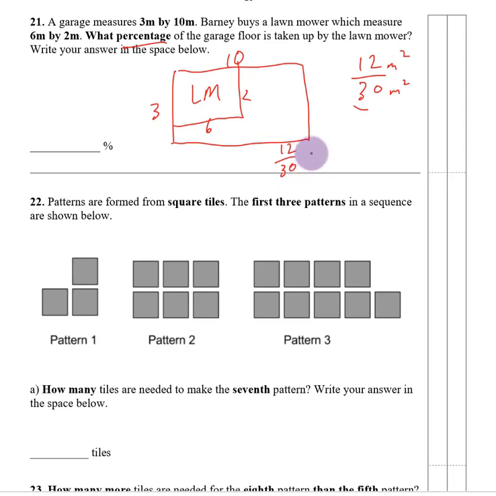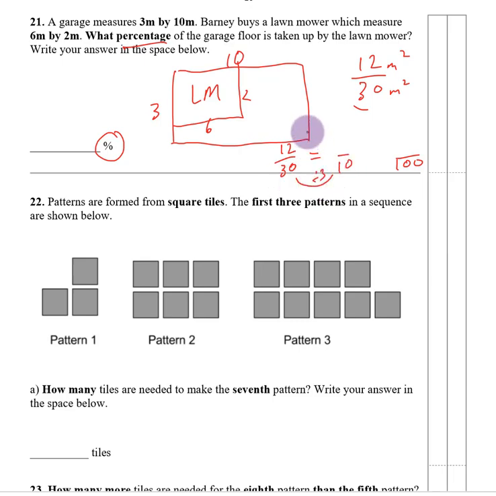We need to reduce this down to see what percentage the lawnmower is of this. So we need to turn this into a fraction that's out of 100 basically, and that'll be a percentage. But we cannot turn 30 into 100. So we actually need to reduce this down first to then turn it into 100, because our answer needs to be percent, which means out of 100. So what can I turn 30 into that's easier to deal with? I can divide it by 3 actually.